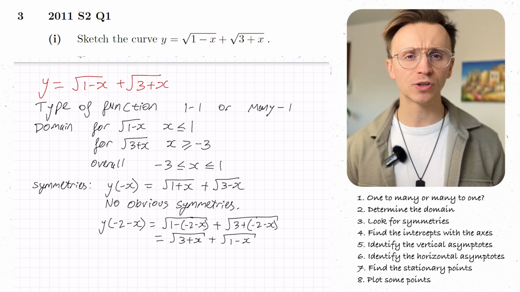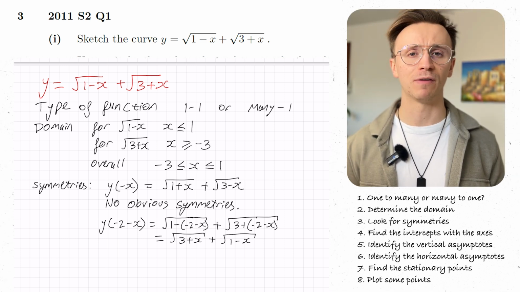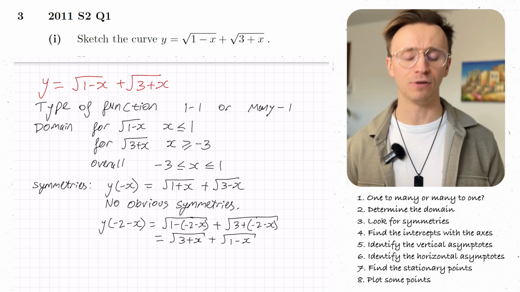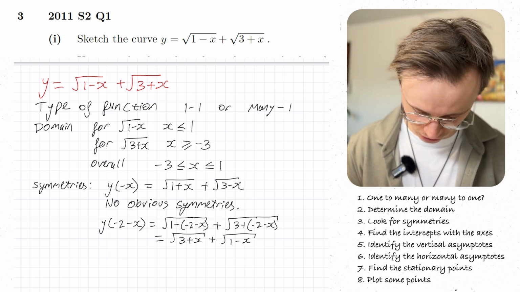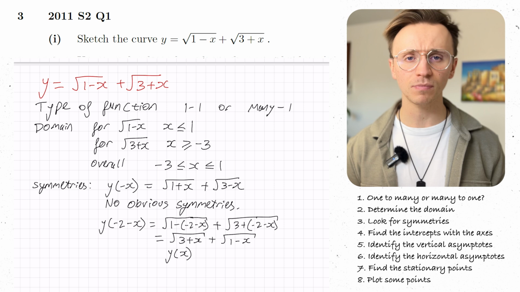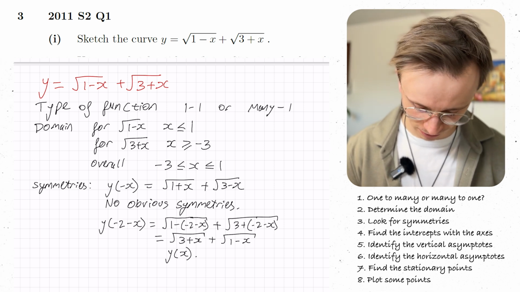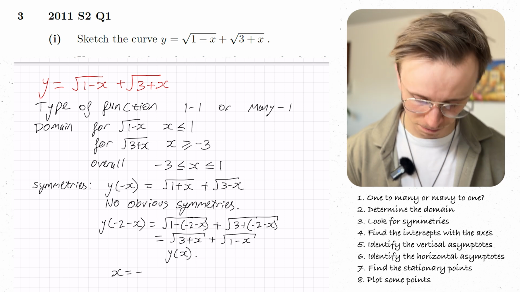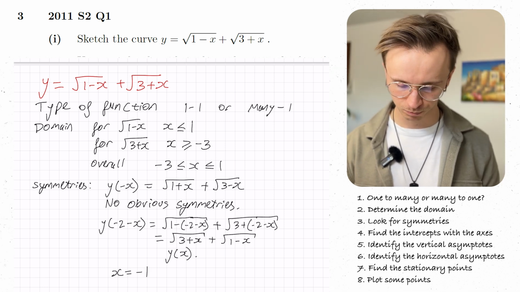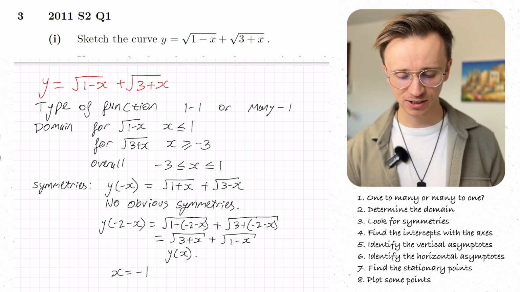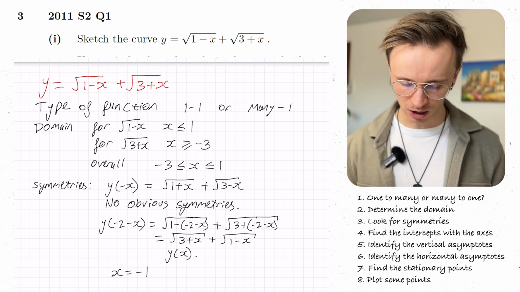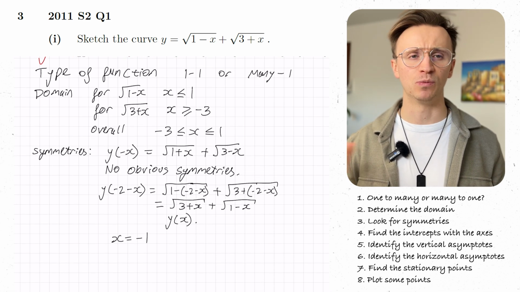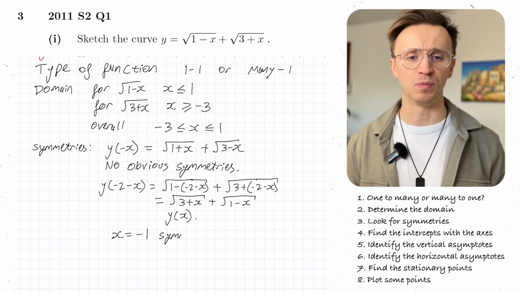Okay, so what does that mean? Well, it means that if I shift my graph 2 to the right, then I have a symmetry because this is equal to y of x. So that essentially means I have a symmetry about x equals minus 1. Which kind of makes sense because of where we are. We're going between minus 3 and 1, so the middle of those two would be at minus 1.